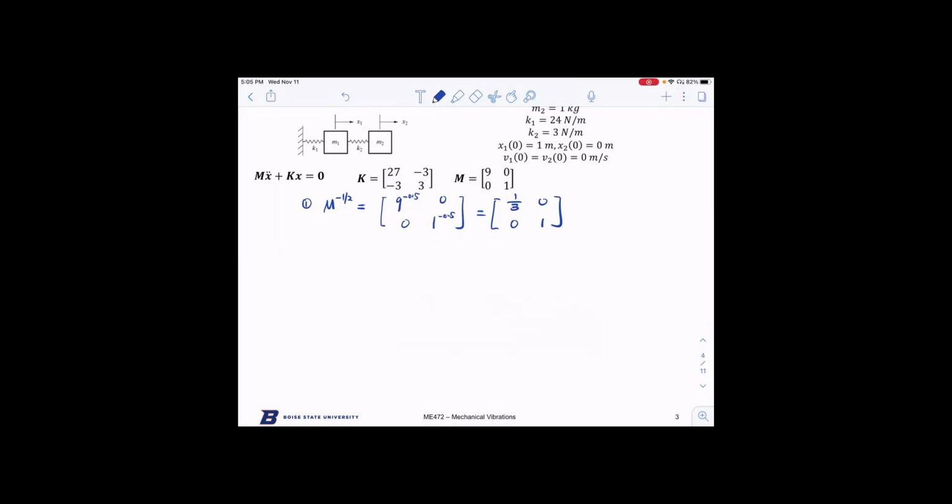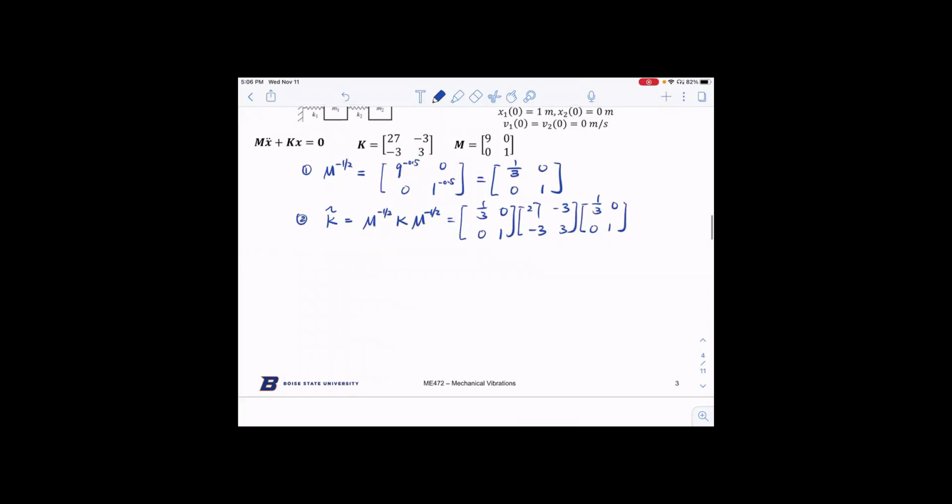All right, the second step is we need to find k tilde. Your k tilde is m to the minus half times k times m to the minus half. So just 1/3, 0, 0, 1, and K is 27, minus 3, and 3, and then it's like this.